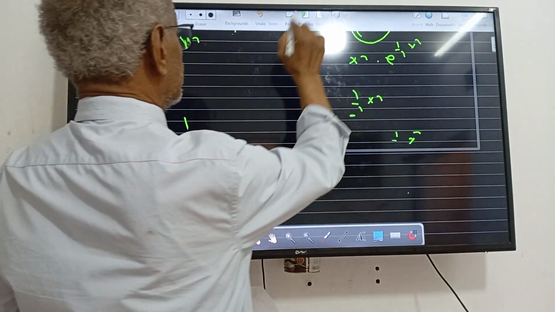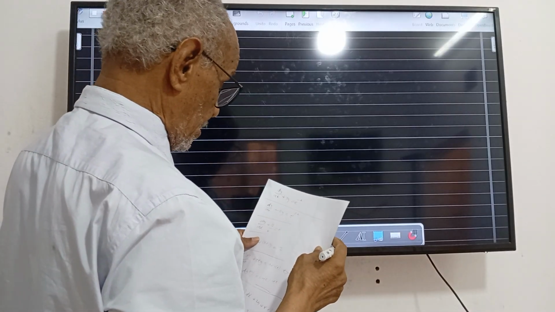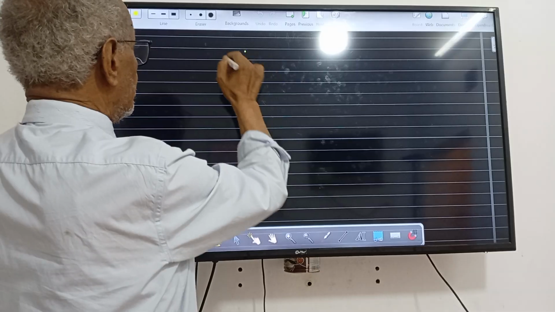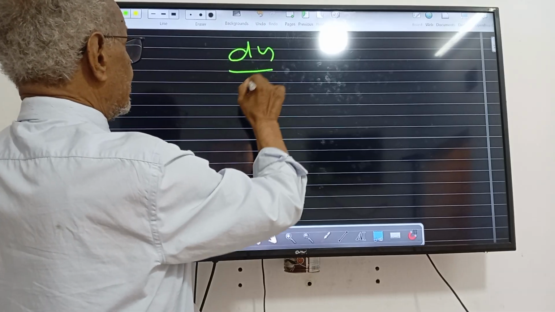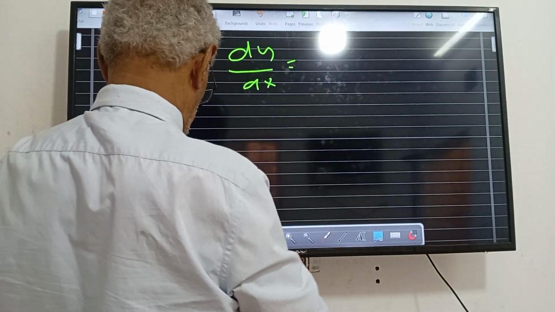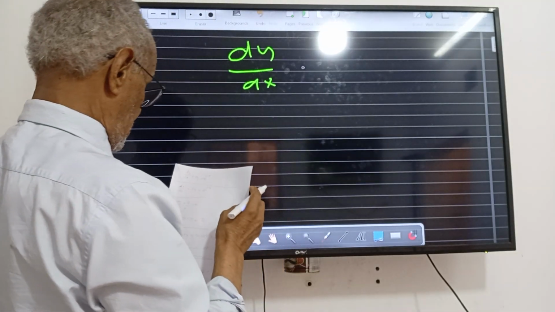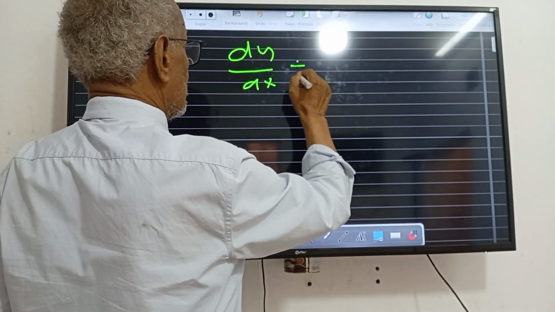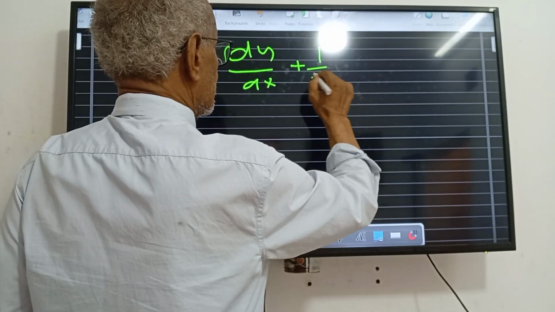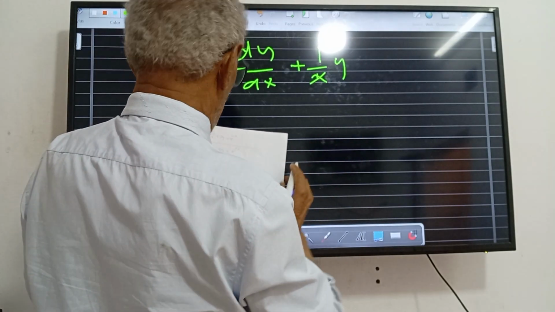So let us skip this example and write some example. Okay. Now, dy over dx plus 1 over x y equals 2x.